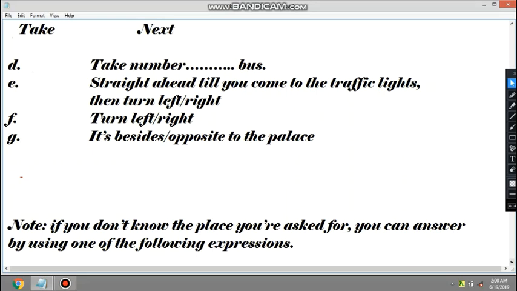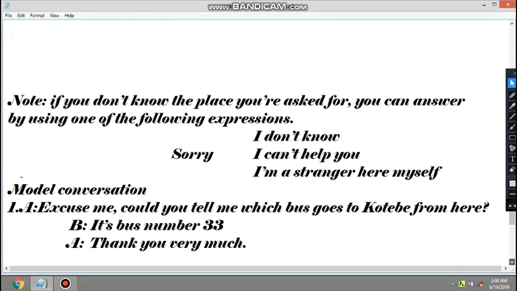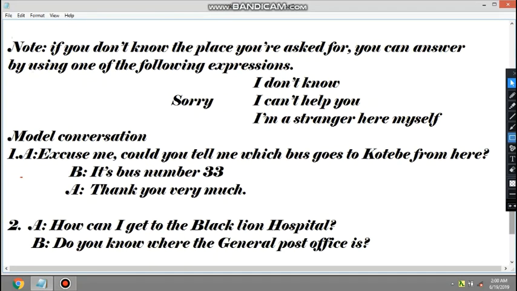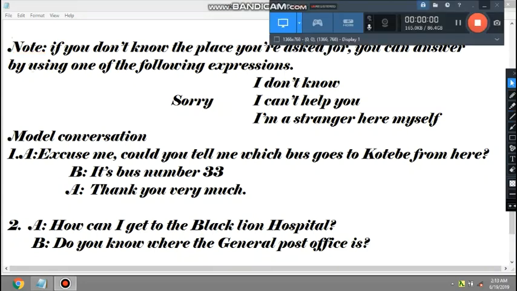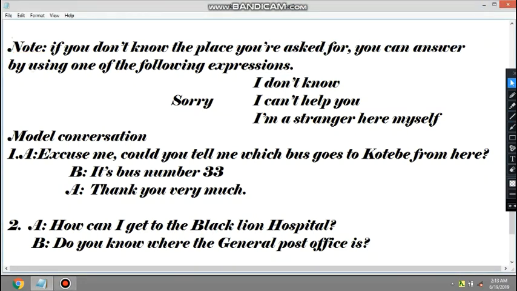Now let's come to one important reminder, which is very important. I would like to remind you of one important point in asking for direction and responding to directions.